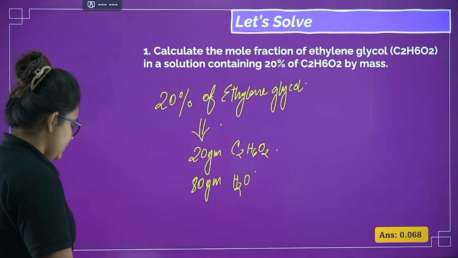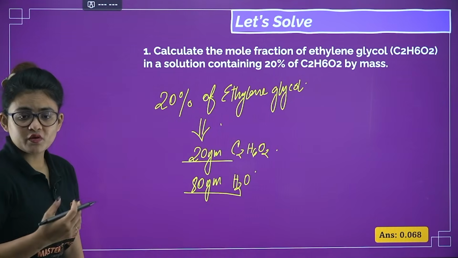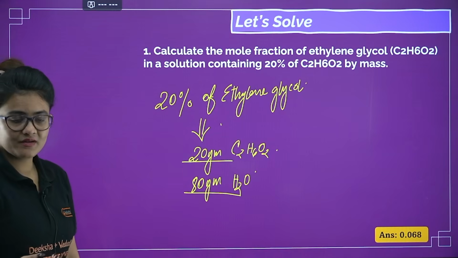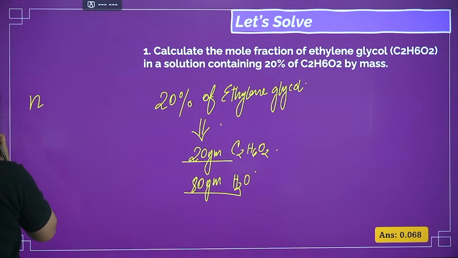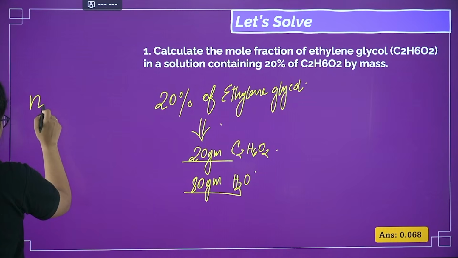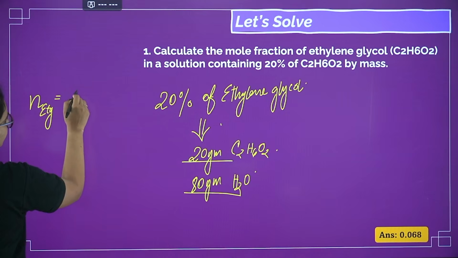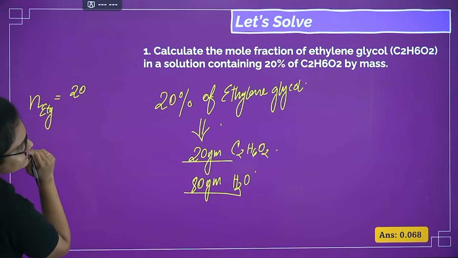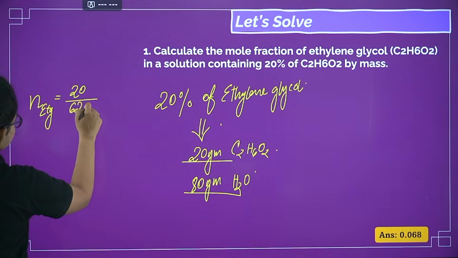So from here, we got the amount given by weight, and from here we can calculate the number of moles. Let's calculate the number of moles of ethylene glycol, I'm writing ETG. That is 20 divided by the molecular weight of ethylene glycol, which is 62.08.